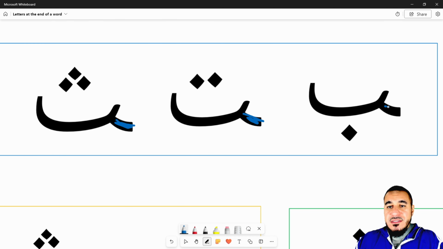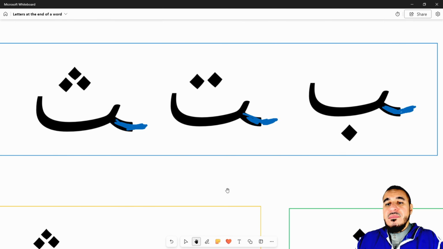And you know why this little flick is here. It's so that it can attach to the letter that comes before it. And of course, these are at the end of a word, so no letter would come after them. So this is how they look when they are at the end of a word.